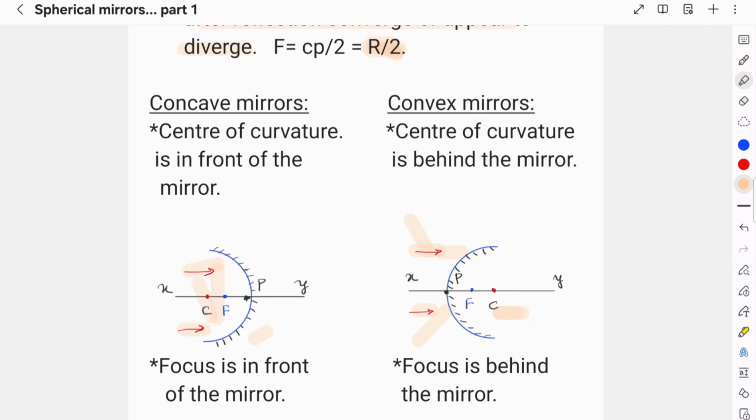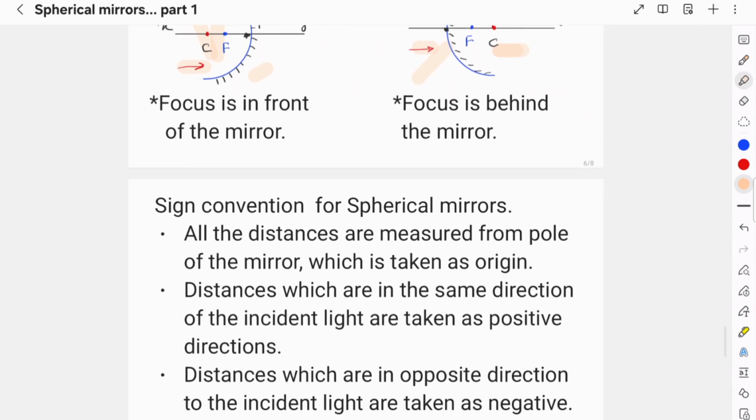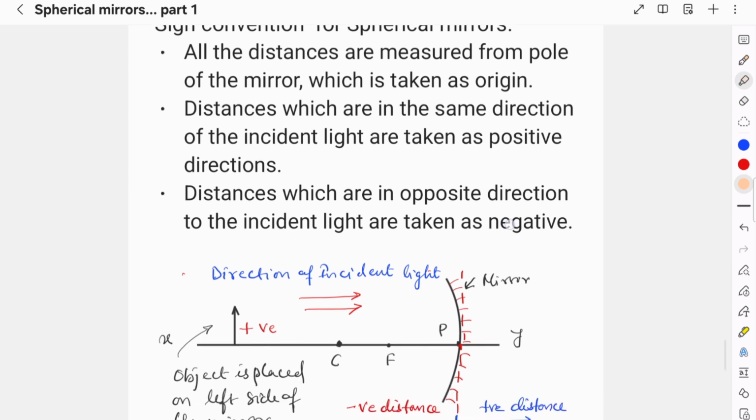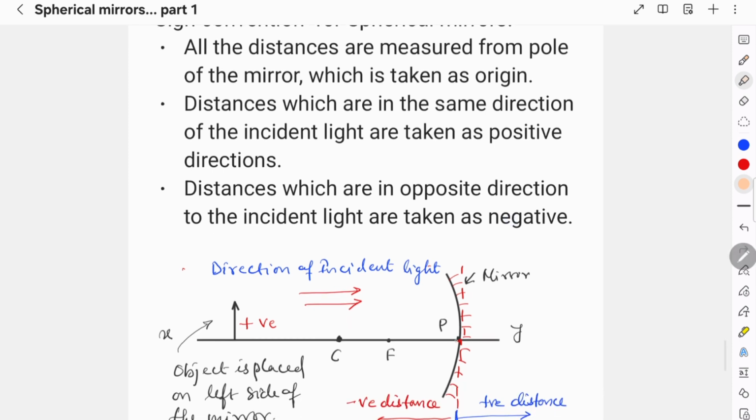Now let's see the sign convention of the spherical mirrors. All the distances are measured from the pole of the mirror, which is taken as the origin. Now if you see this diagram, this is the pole of the mirror. So now this is taken as the origin for measuring any distance.